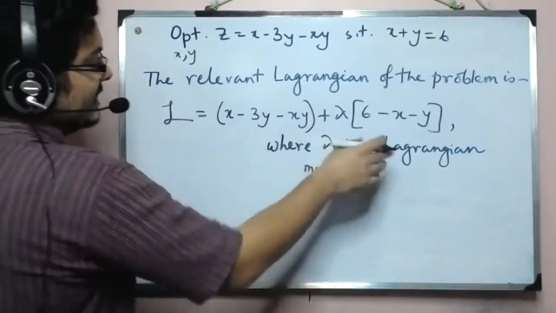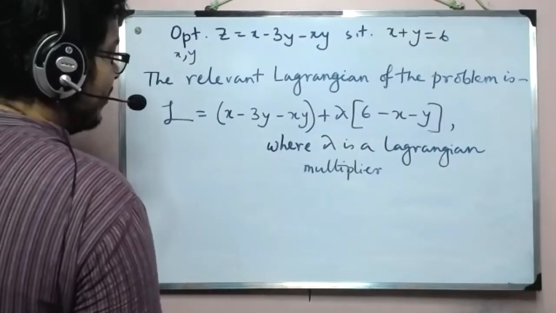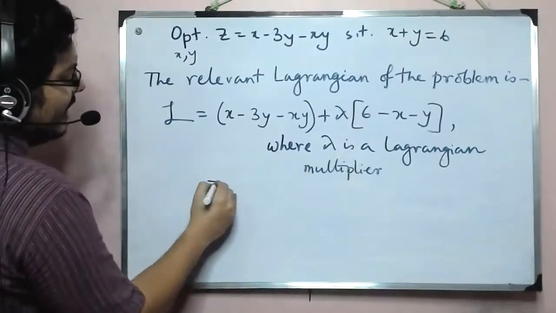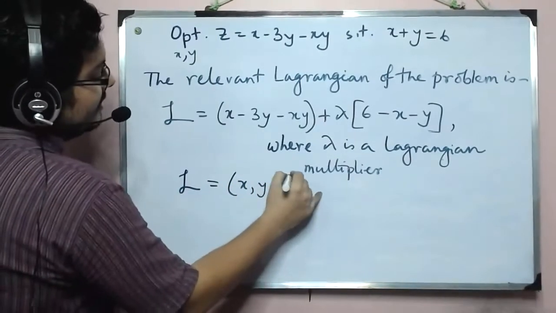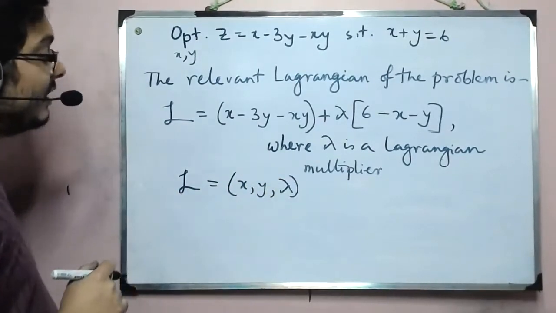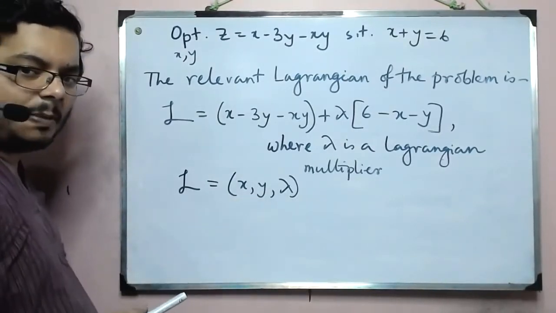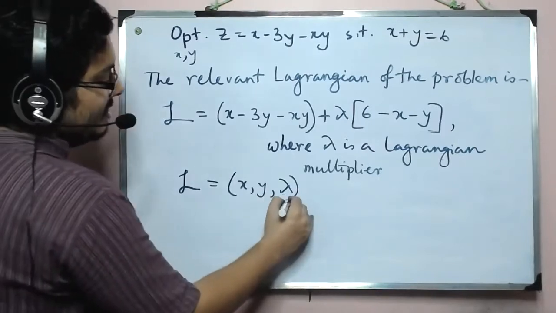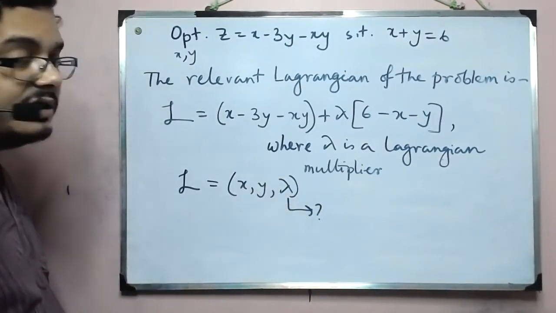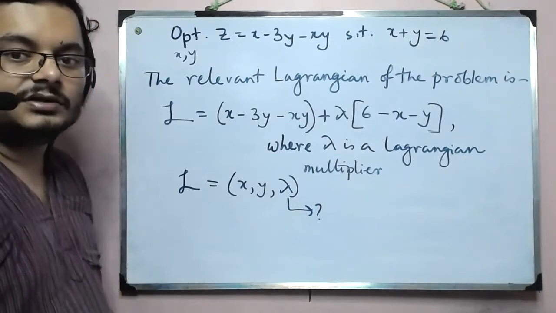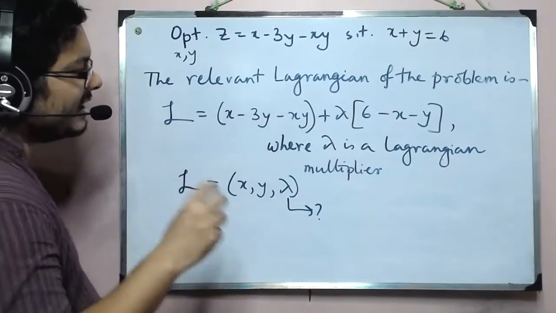So lambda is a Lagrangian multiplier. Now the problem here is that we have introduced another choice variable. So in the Lagrangian method, we have, apart from x and y, lambda. Now the natural question that comes to our mind is what it is doing here. What is the role of lambda? Now in short, intuitively speaking, the role of lambda is this.